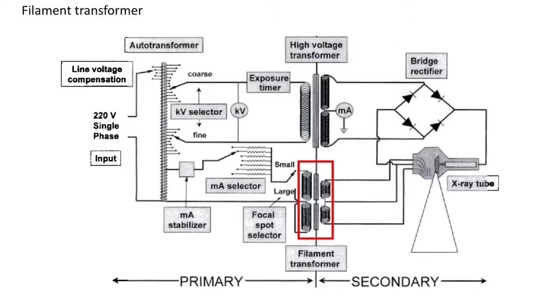Because when the current is large, this means we'll be able to boil off more electrons. The higher the current through a wire that has resistance, which our filament has, this resistance will cause friction, which means the filament will heat up, and when the filament heats up, the temperature rises.